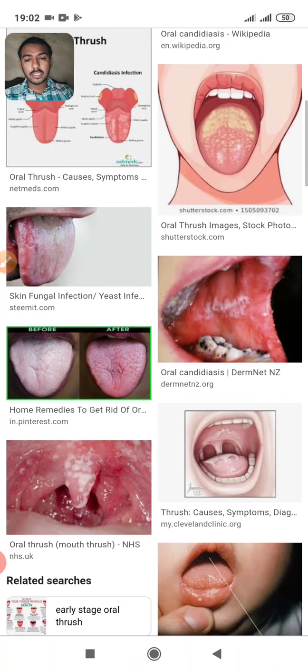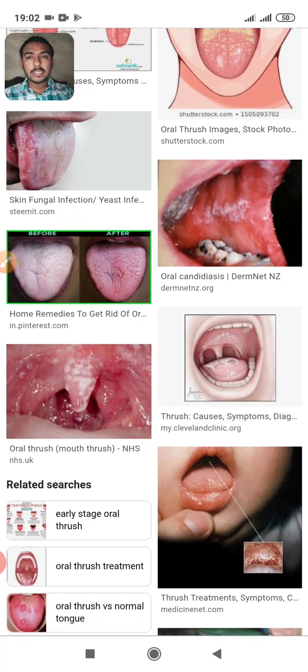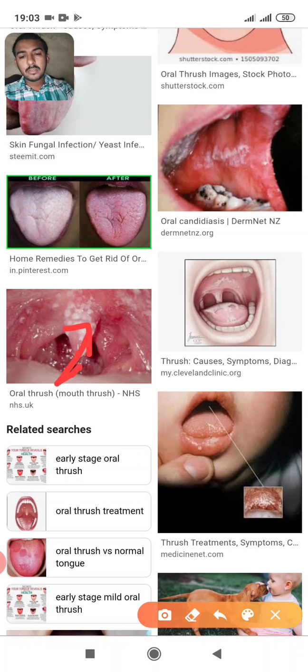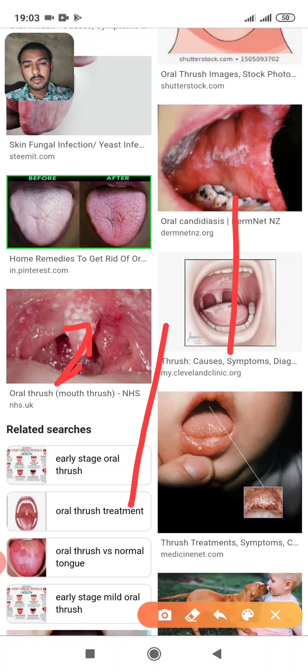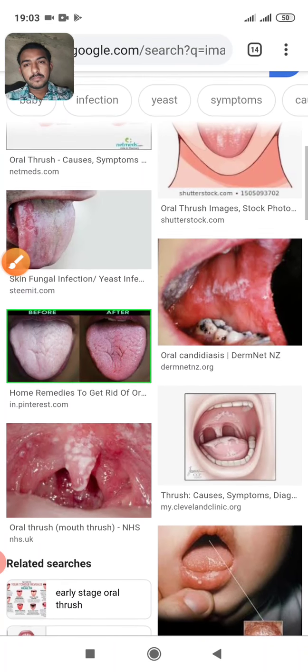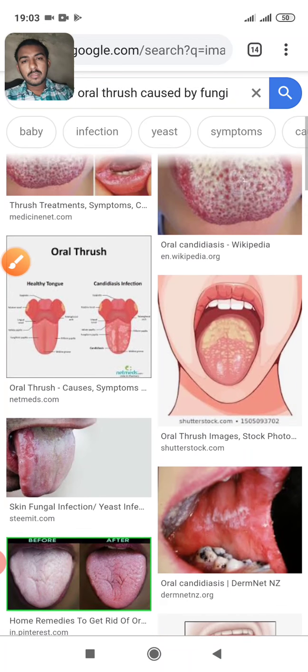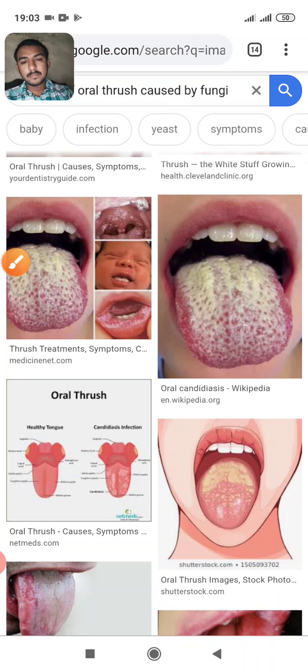So this is oral thrush. Even the throat, you can see, is infected, as I have pointed out. It is infected here, and you can also see that the tongue is affected here.